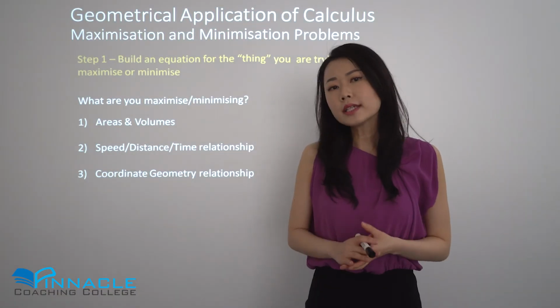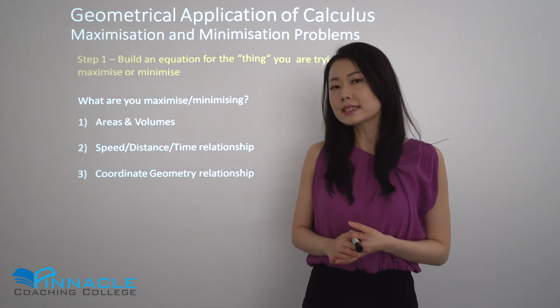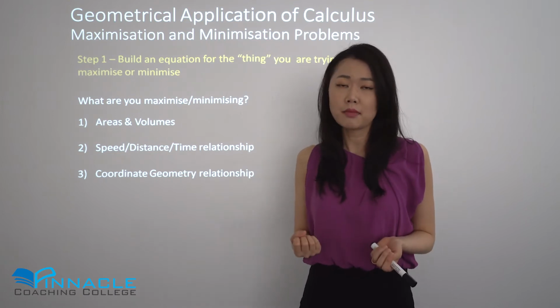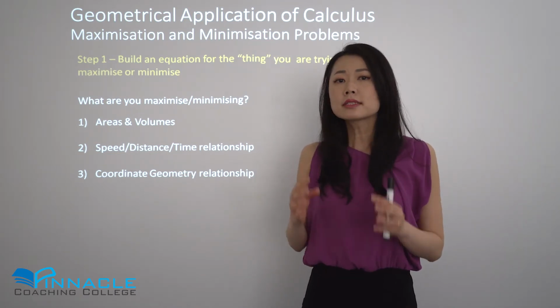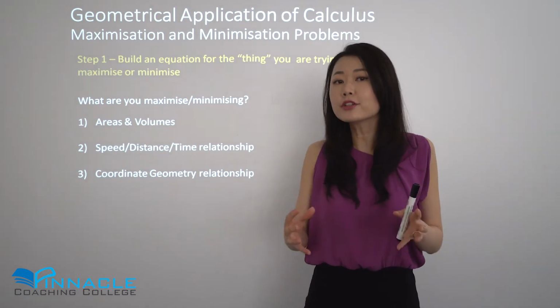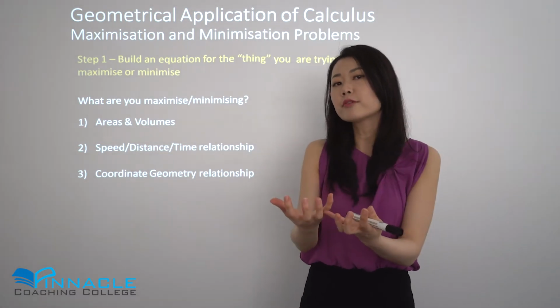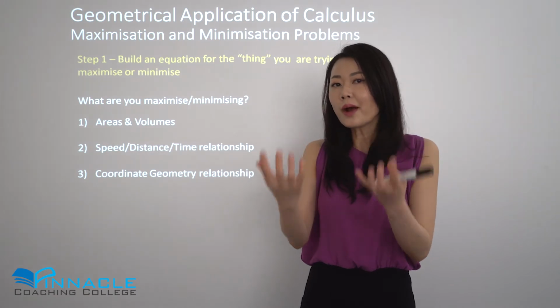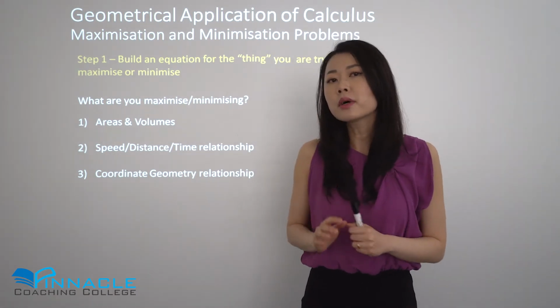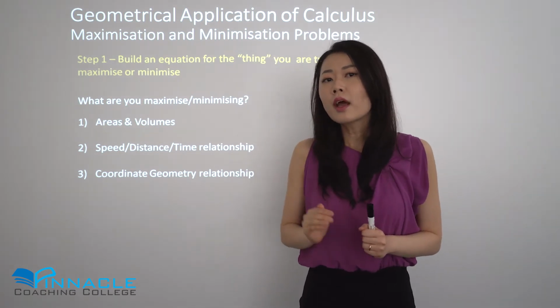I would like to elaborate a bit more on step 1, how to build the equation for the thing you want to maximize or minimize. A lot of the difficulty in these types of questions is being able to interpret the information and build the equation the question is asking for. Now before I go into it, I just want to take a pause.